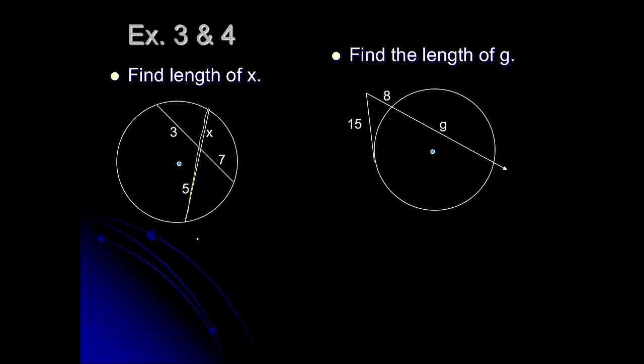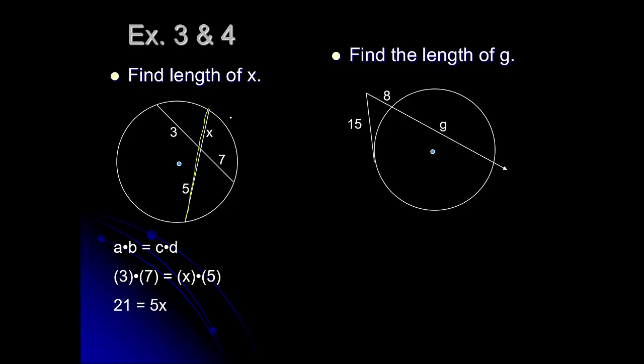What are you going to multiply? 5 times x. Then, equal to what? Focus on the other, 7 times 3. That's why our equation is now 5 times x equals 7 times 3.